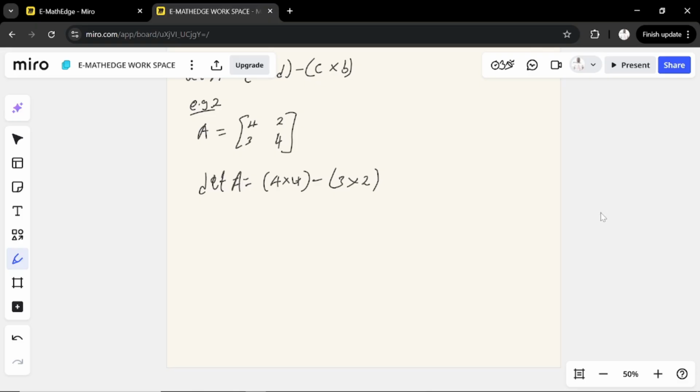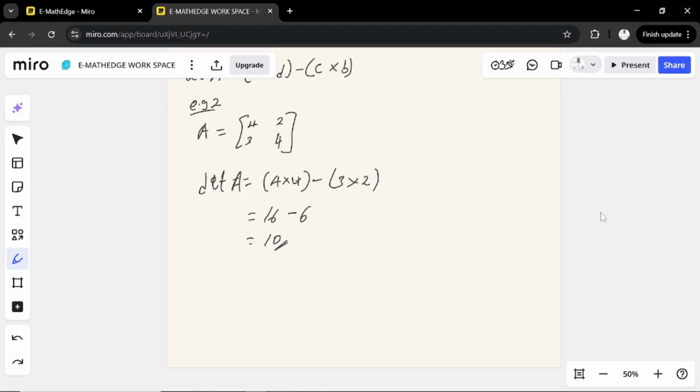So 4 multiplied by 4 gives 16, minus 3 multiplied by 2, which is 6. 16 minus 6 gives us 10, a single scalar value, which we consider to be the determinant of this matrix A, which has elements 4, 2, 3, and 4.